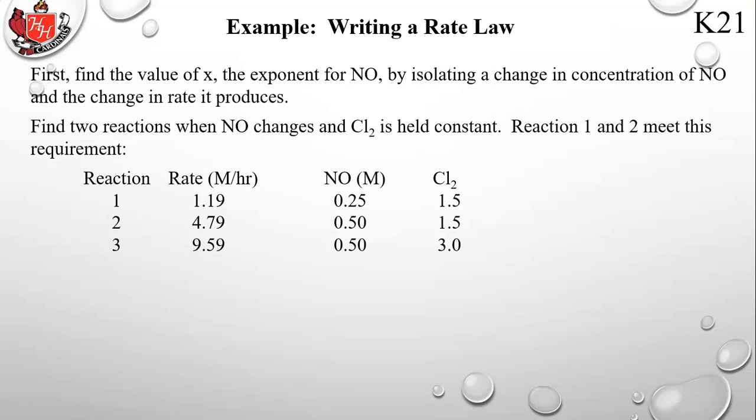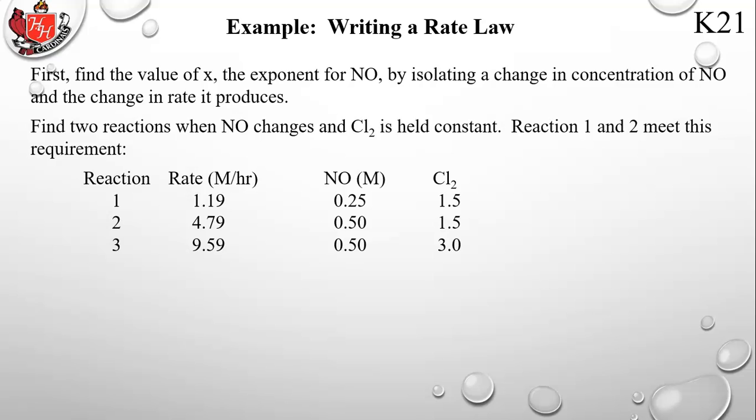Alright, so first find the value of X, the exponent for NO, by isolating a change in concentration of NO and the change in the rate that it produces. So find two reactions where NO changes and Cl2 is held constant. So you're just trying to look at what effect NO has on the rate. So you want Cl2 to be constant. So reactions 1 and 2 meet that criteria.